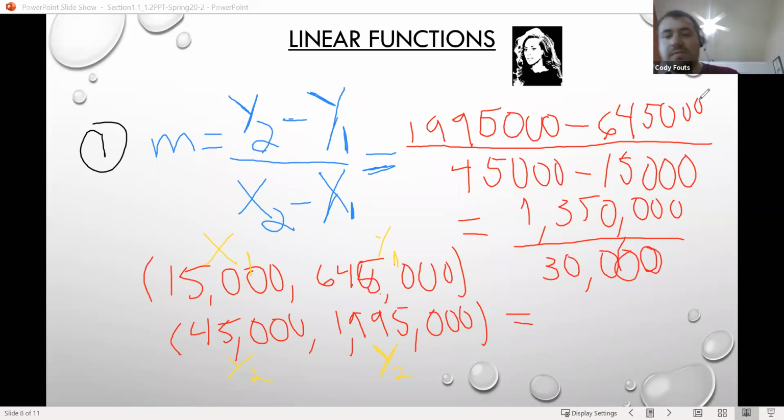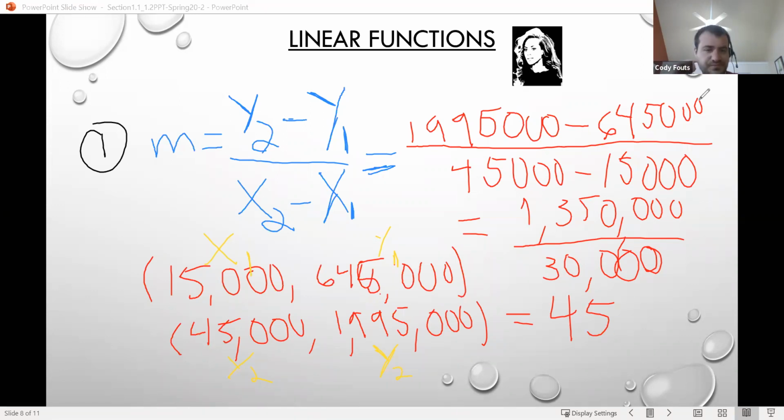Can simplify now by dividing those two. I get 45 for our slope.